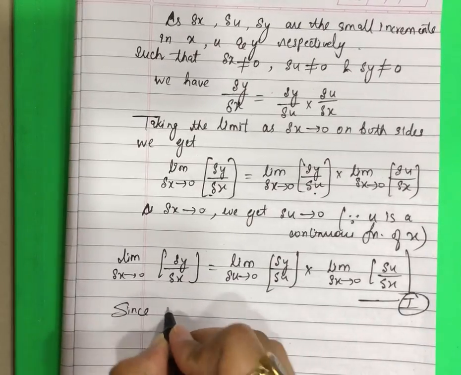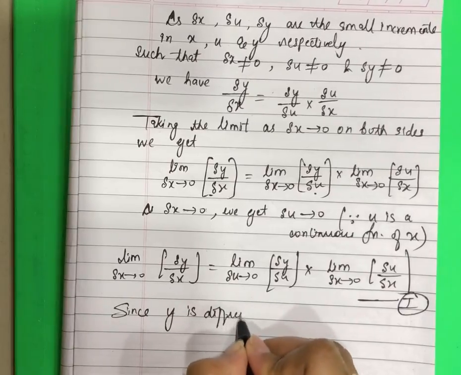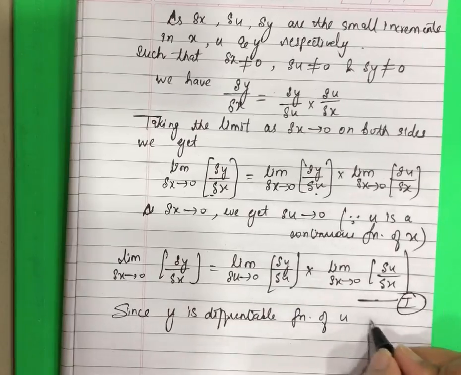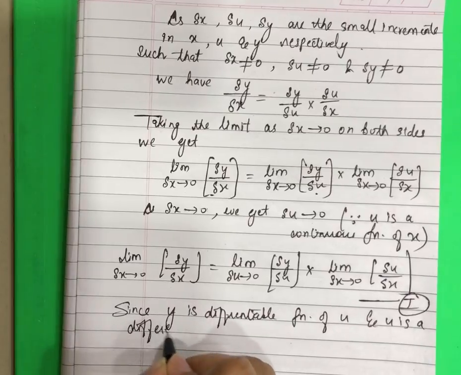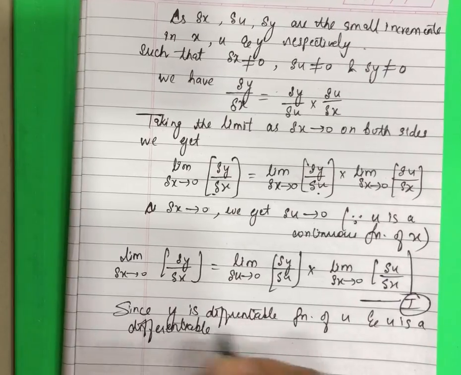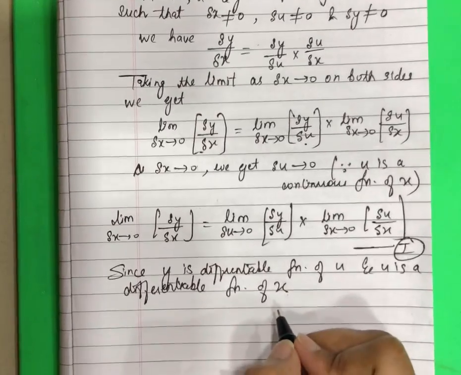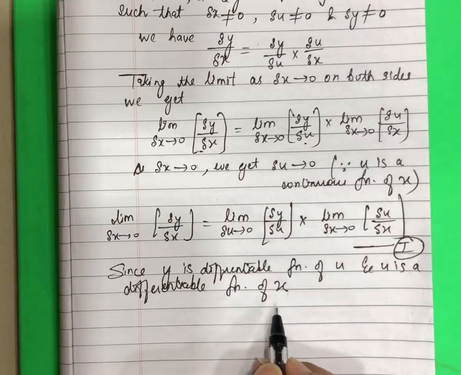Since y is a differentiable function of u and u is a differentiable function of x, it is already given in the question that y is the differentiable function of u and u is the differentiable function of x.